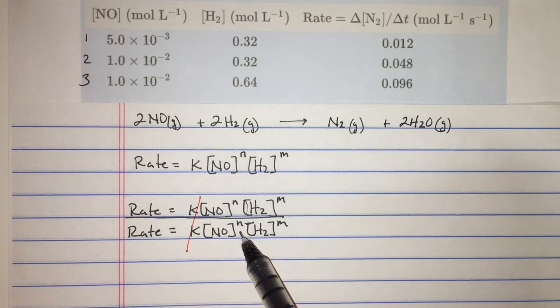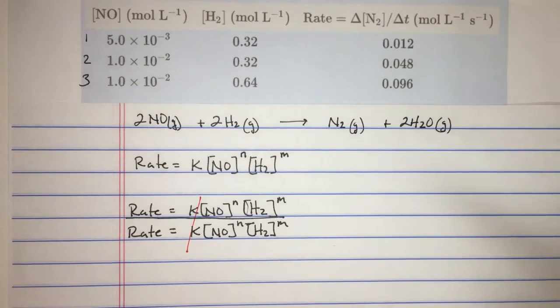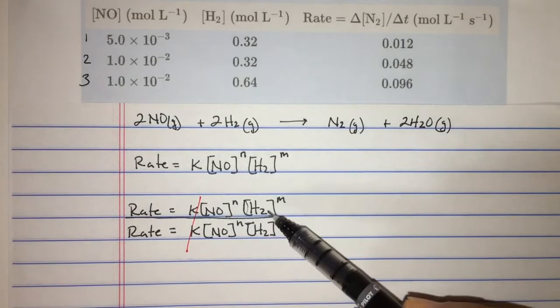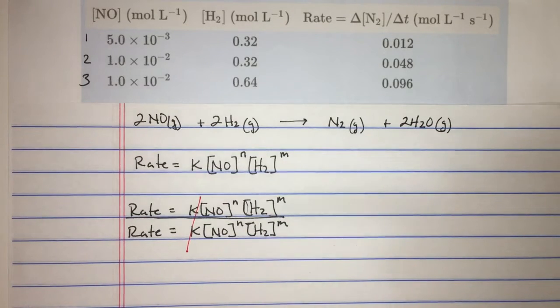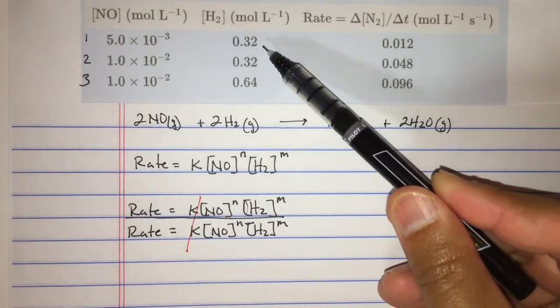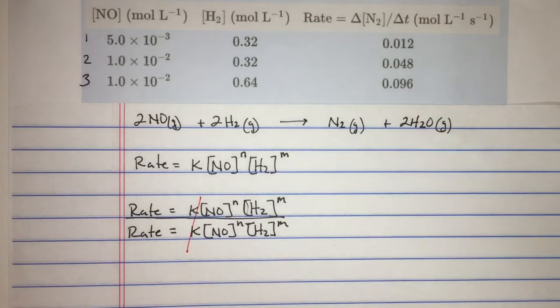How do we do that? Well, we need a way to get rid of this unknown. The easiest way to do that is to find two experiments where the hydrogen concentrations are the same. You'll notice in experiment 1 and 2 that the hydrogen concentrations are equal to each other.